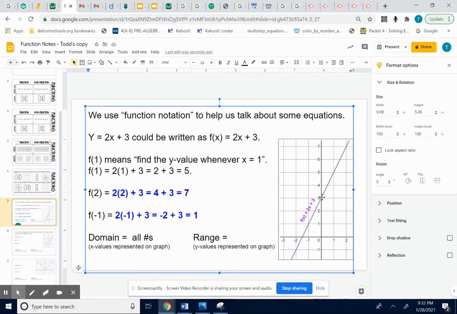Do you see there to be anything? 3 has a point associated, 4 has a point right there, 5 has a point right there, 6 has a point right there. Well, if that line goes on forever and ever both directions, every y value will be represented on that graph. It may be easier to see when we look at some where it's not all numbers.